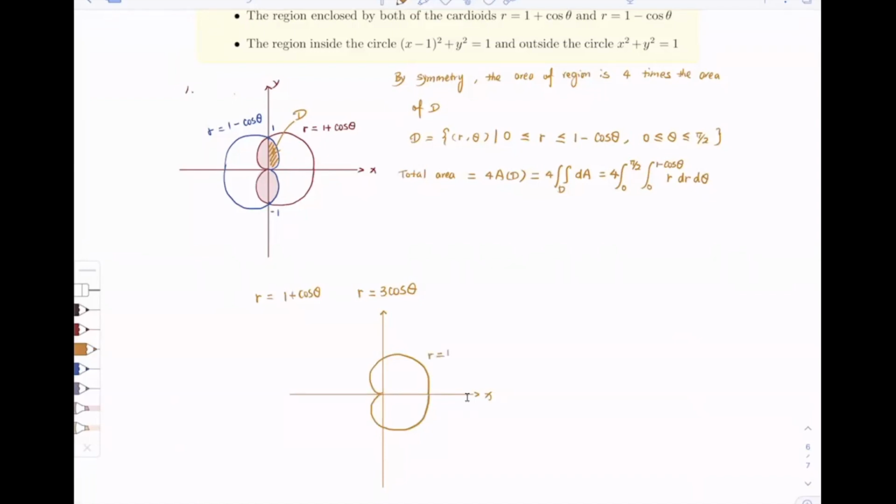This is 1 plus cosine theta, and 3 cosine theta looks like this. And you need to calculate this region, the area of this part. That's it.